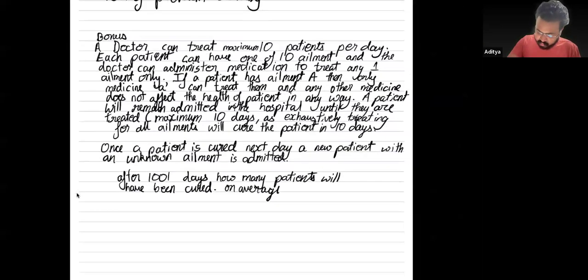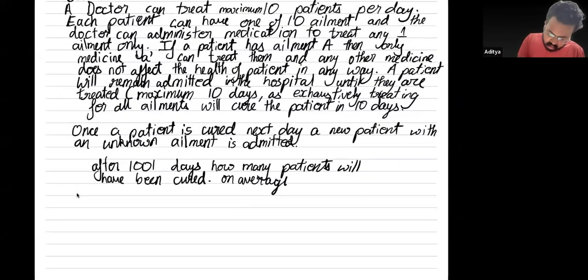Okay, I'll give you the final answer. If you want any discussion regarding this, on a daily basis, there are 10 patients that are being treated who have 10 ailments.